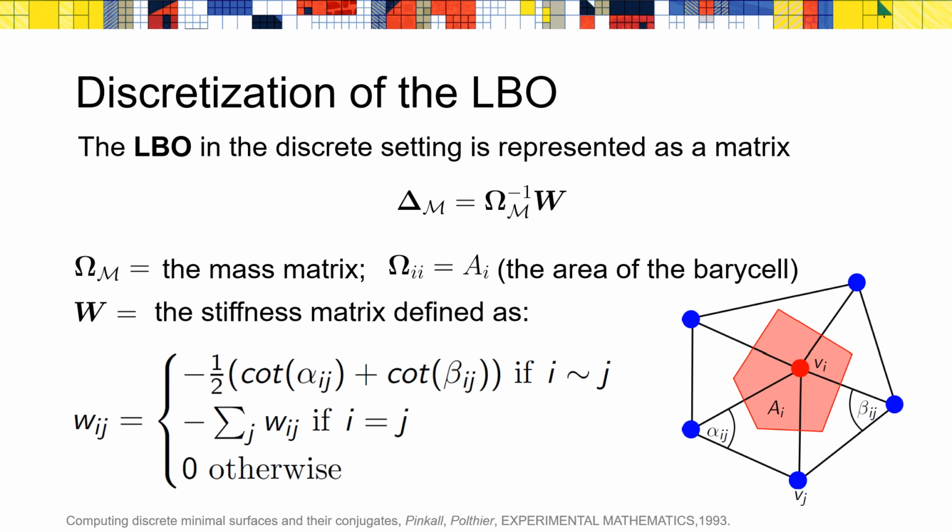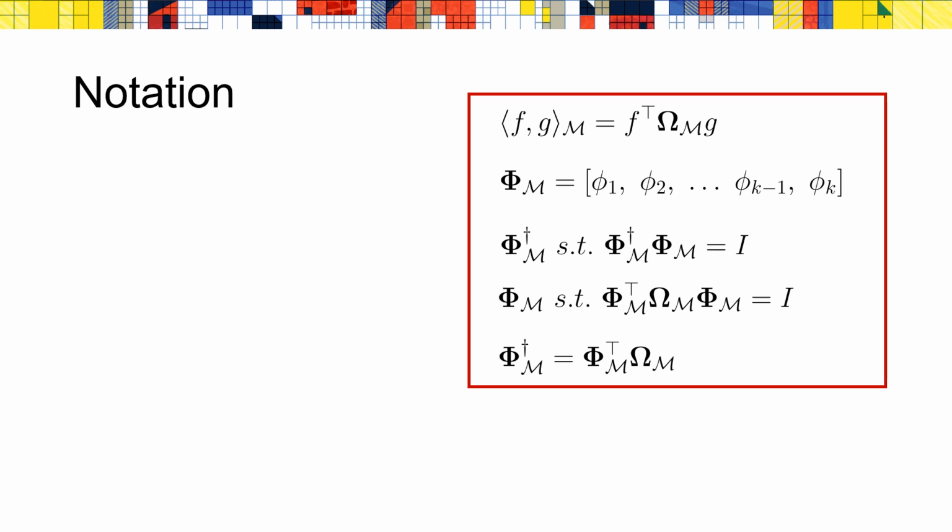Then W is the stiffness matrix and could be defined in several ways. In literature, you can find different definitions of the stiffness matrix for the Laplace-Beltrami operator. One of the widely used is the cotangent weights, but we refer to the literature for additional details.